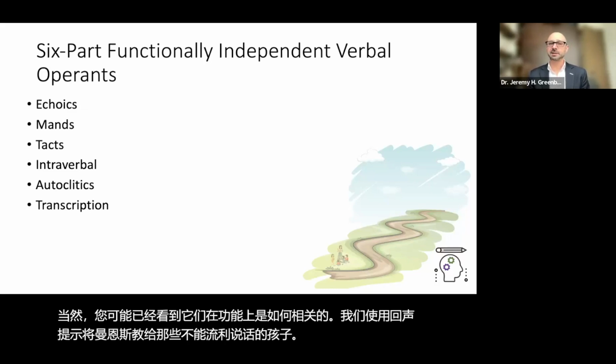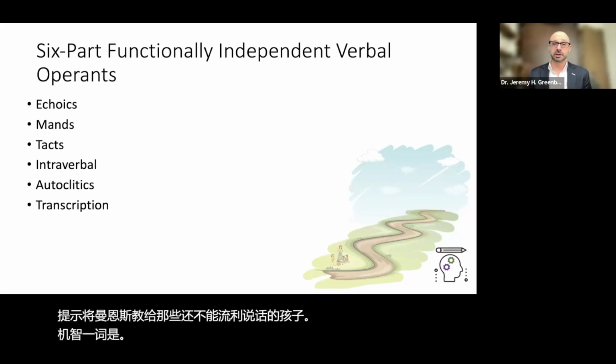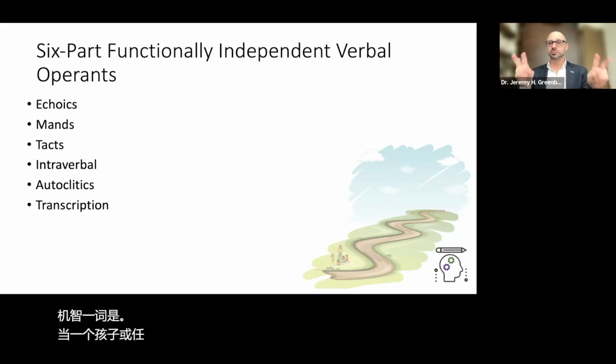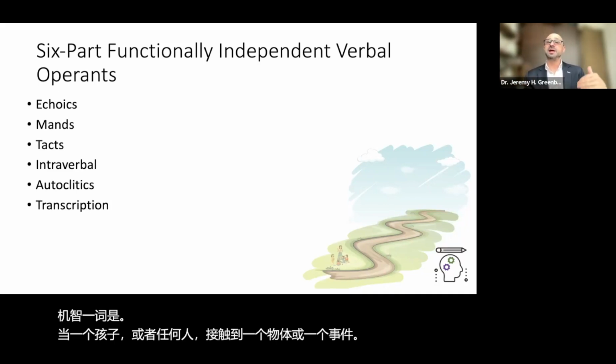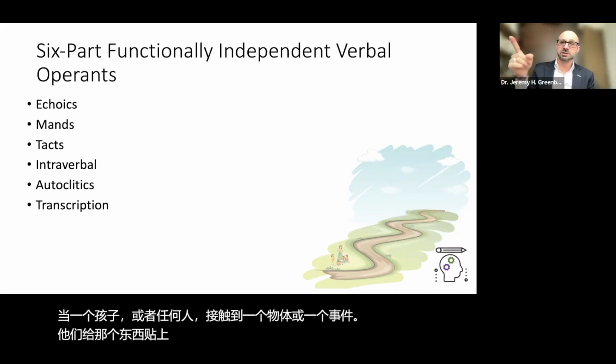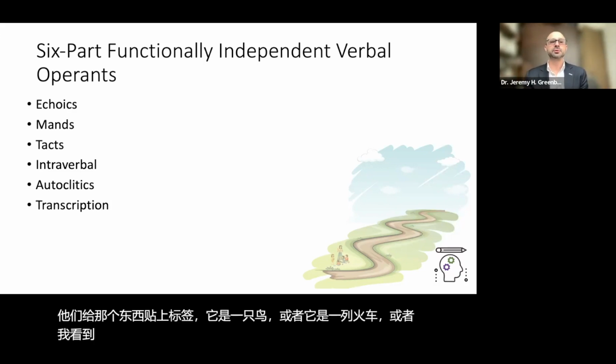The term tact is when a child, or anybody for that matter, comes into contact with an object or an event, and they label that thing. Oh, it's a bird, or it's a train, or I see a red book. Those are tacts.